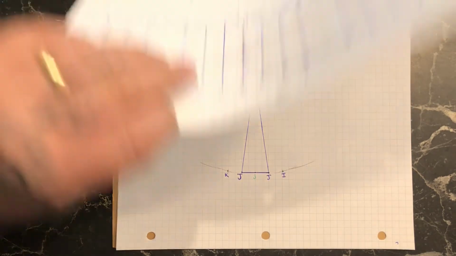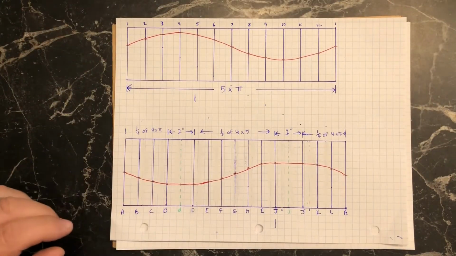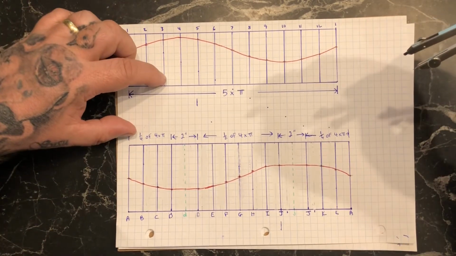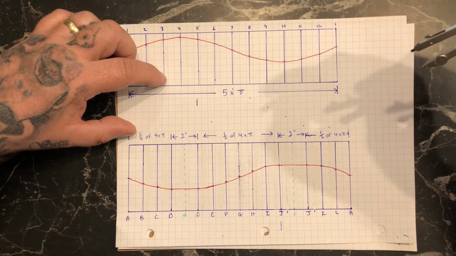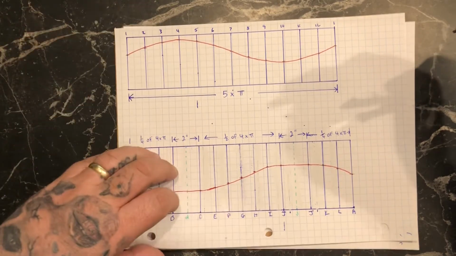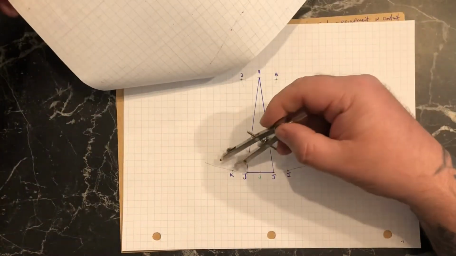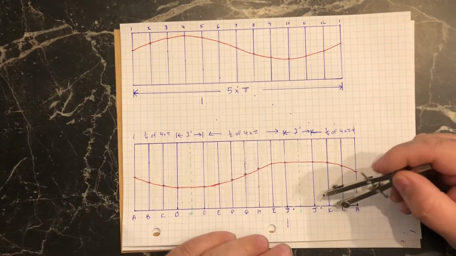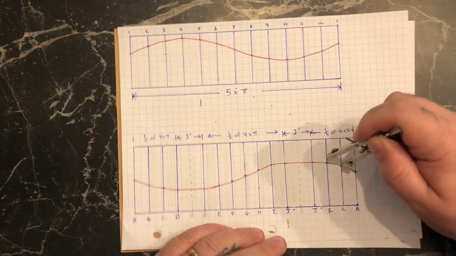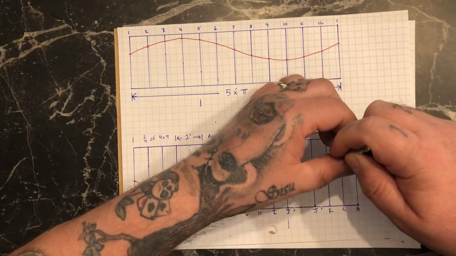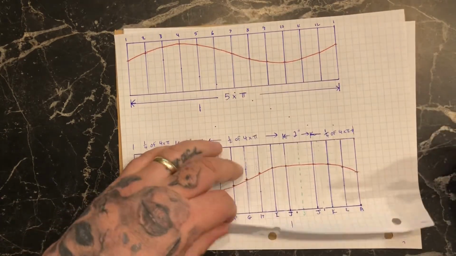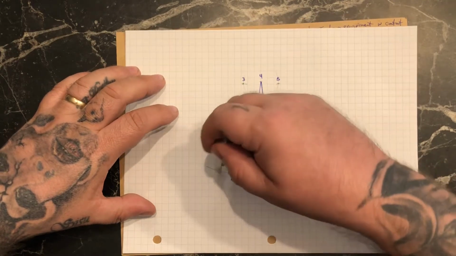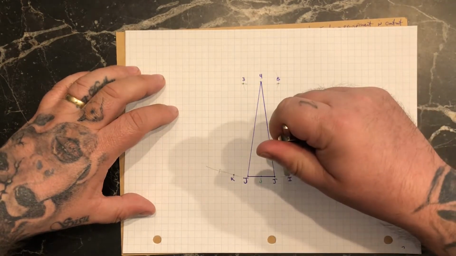Now using my Angor here, I'm going from K to L. So K to L is over here. And do it the same on this side.